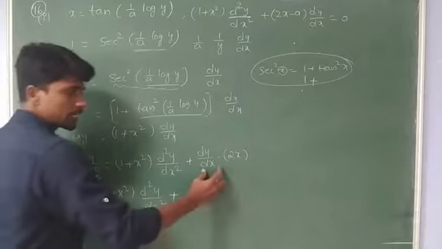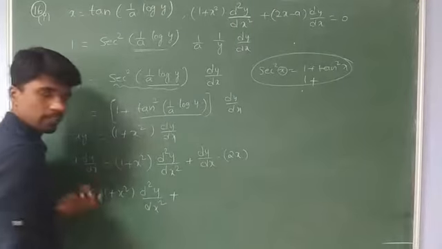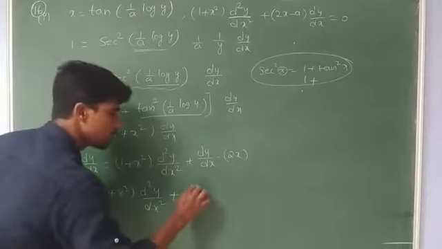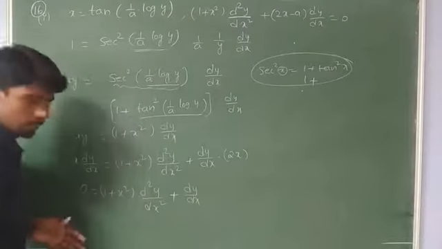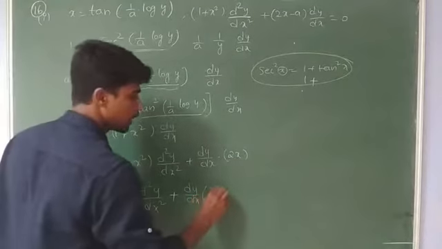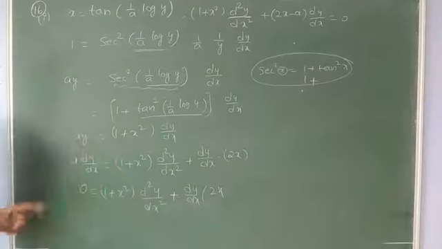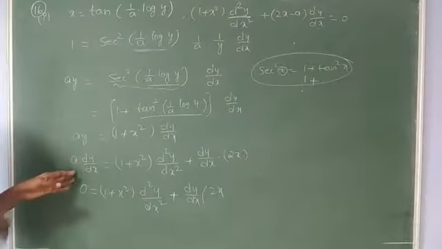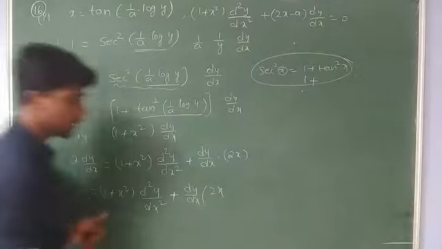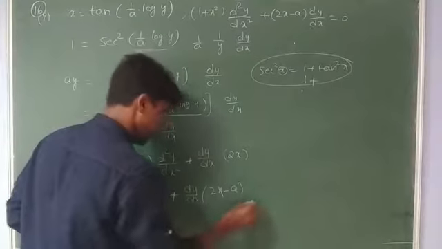So both the terms contain dy by dx, so I can take dy by dx common. I have here 2x, and with this I get minus a into dy by dx. Dy by dx I took common, so I remain with minus a.